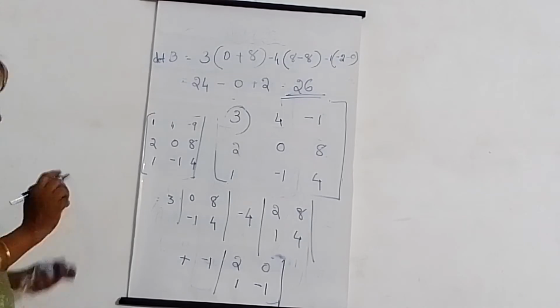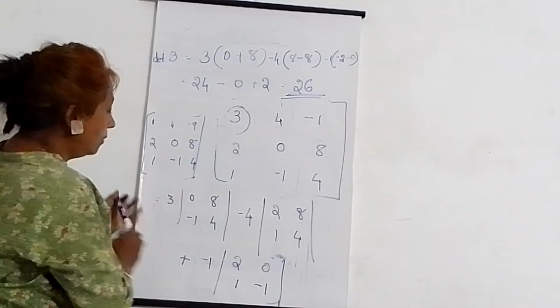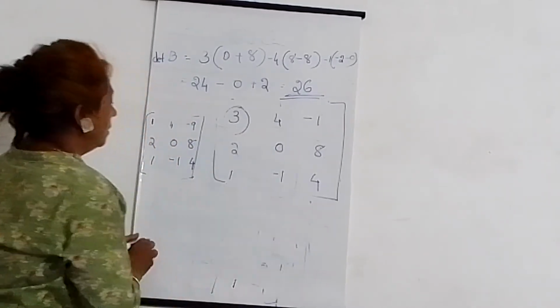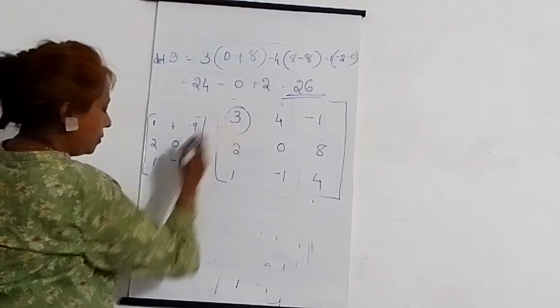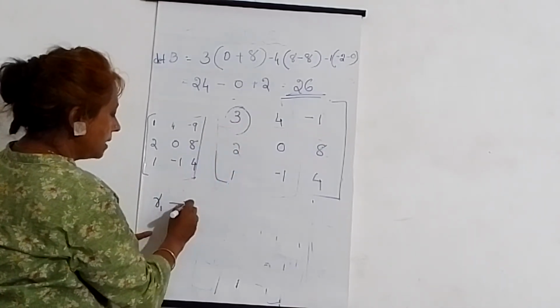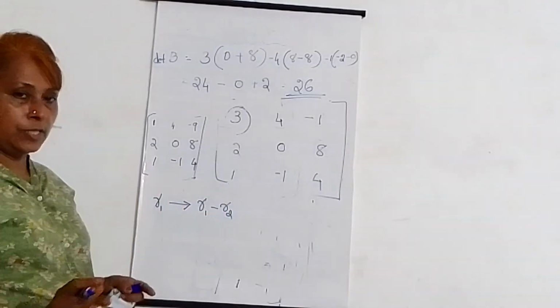Once more I am telling you, what we did is the first row R1 is changed to R1 minus R2. The value will not change.